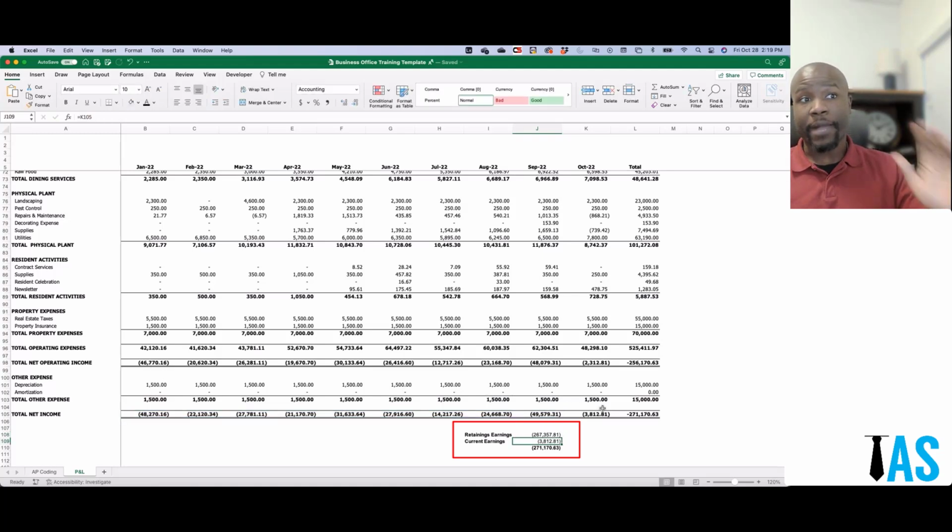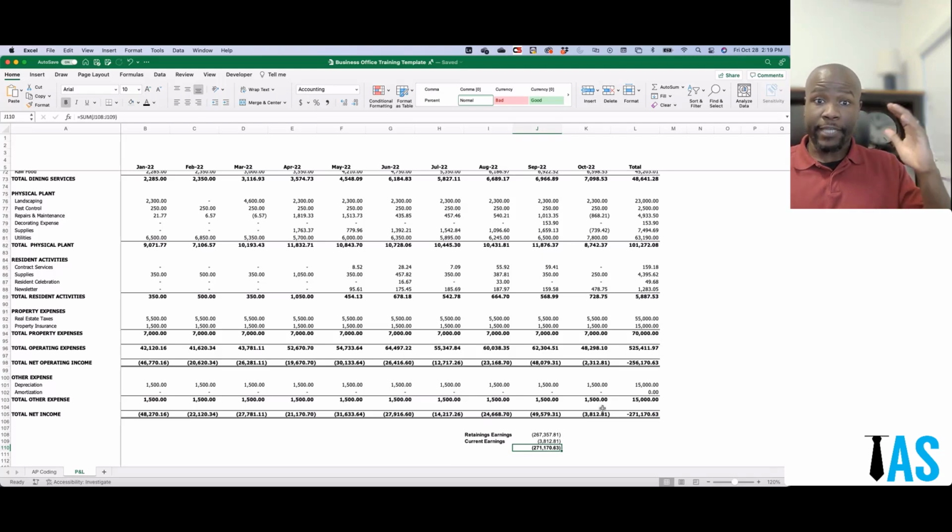If I'm looking at my October balance sheet, I'm going to have retained earnings of every month prior, and then we'll call the current earnings for the current month, which gives us a total of negative 271. So the financial position of the company, you can see, is at a loss of negative 271,000. So the balance sheet is powerful, and you really want to know how to look at it, read it and understand it.